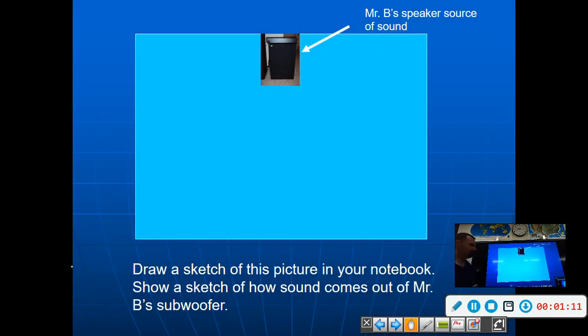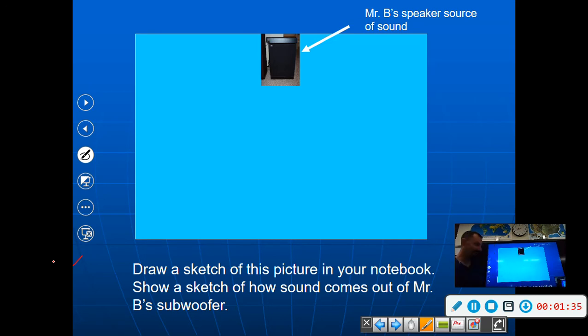Okay, so I'm going to do my first example, and I'm going to use sound as my example in this case. So if we're dealing with a speaker, that could be our sound source. And if we have the students sitting out in the classroom here, they're going to hear the sound differently depending on where you're sitting, because the sound waves travel out from the speaker in every direction.